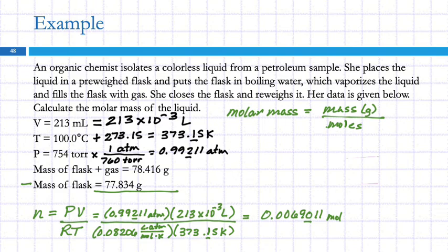So 78.416 minus 77.834 is 0.582 grams. So 0.582 grams and 0.00690011 moles.